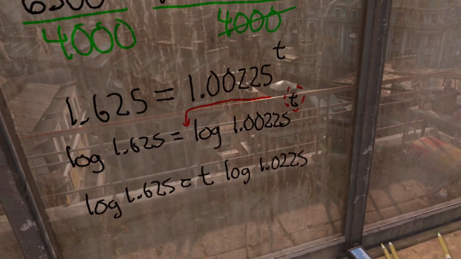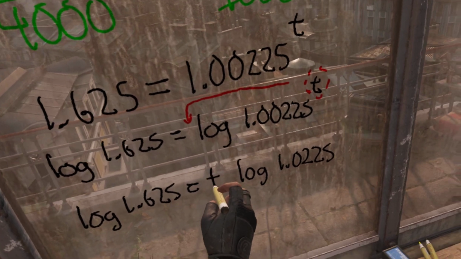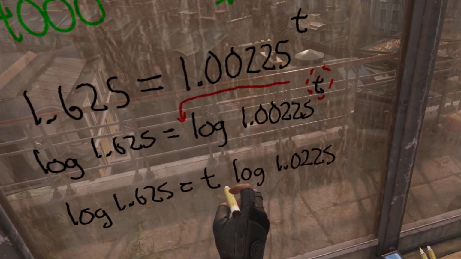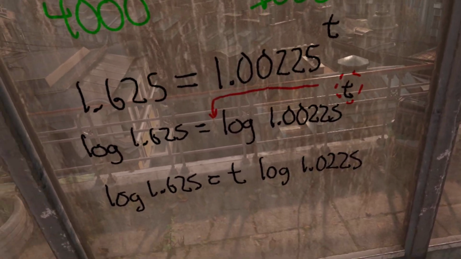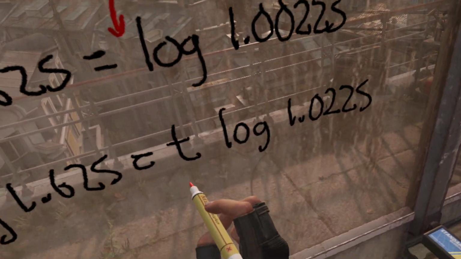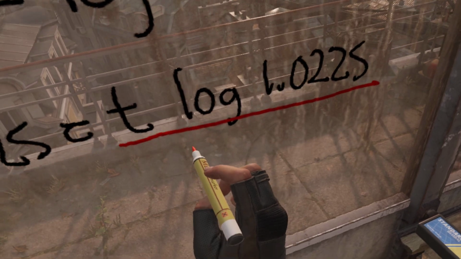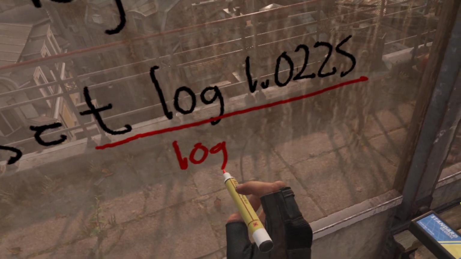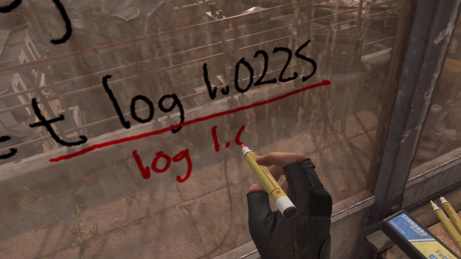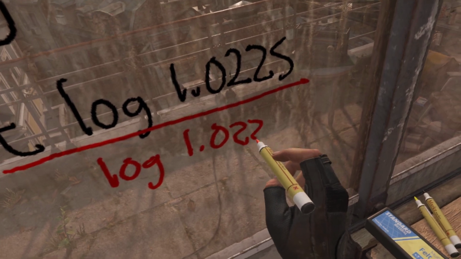So our next step then is, remember, our goal is to isolate that t by itself. Well, the t is attached to this by multiplication. So that means I can divide out whatever I want. I'm going to divide out that log 1.00225.